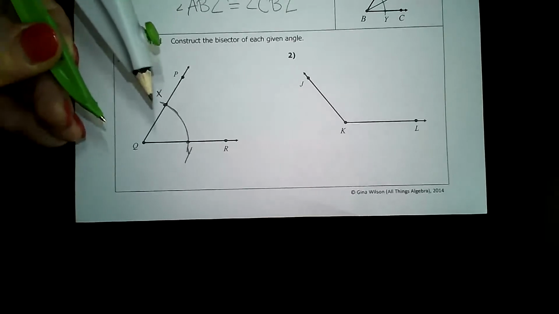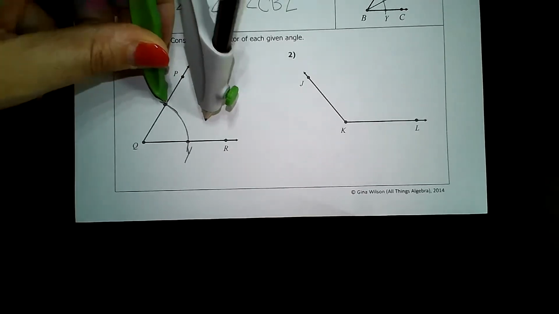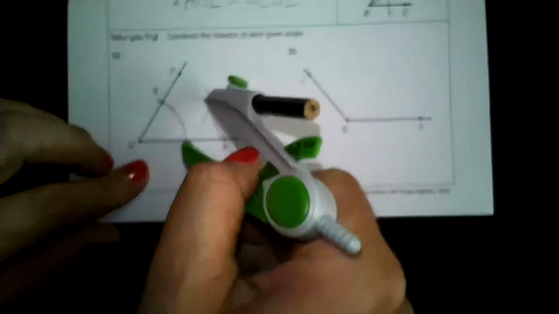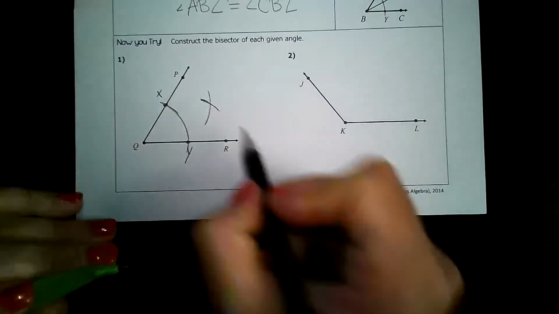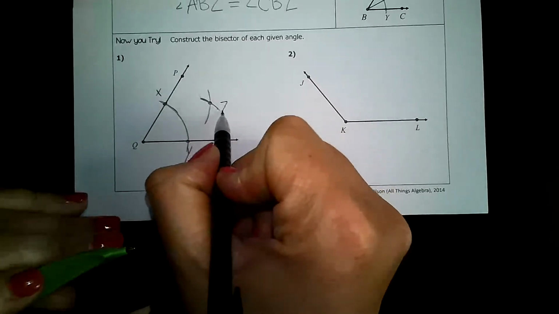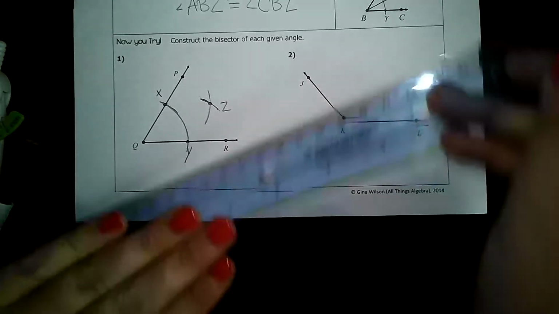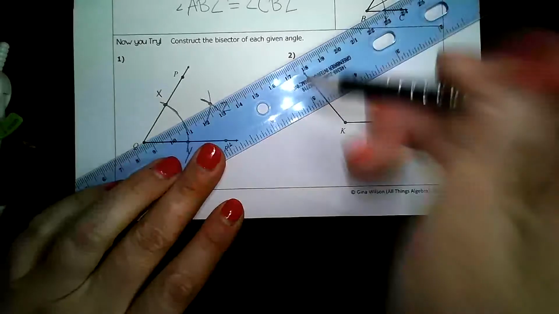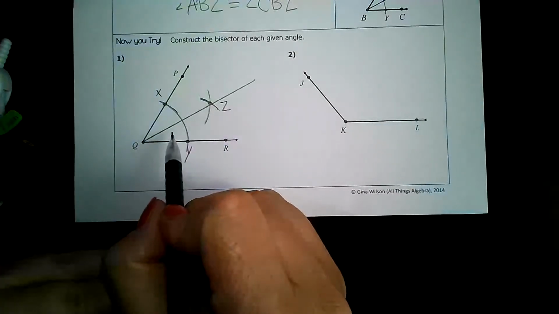Then I just use the same compass setting and keep going. Starting at point X, build an intersection in the interior of the angle. So I've got an arc from point X and another arc from point Y. And the directions say to call that point of intersection Z. Finally, connect the vertex through point Z, and you should cut your angle directly in half.